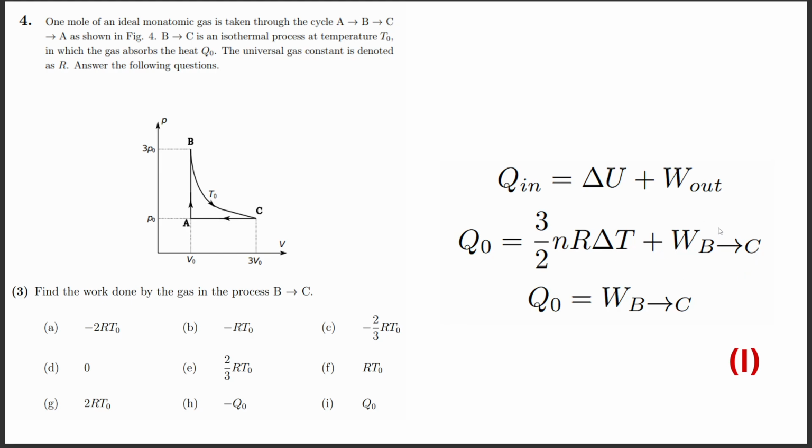We don't need to write the work as integral PdV because the question asks us to find the work. The process B to C is isothermal, so there is no change of temperature, delta T is 0, so this whole delta U is 0, and we can write the work from B to C is equal to Q0, and the answer is I.